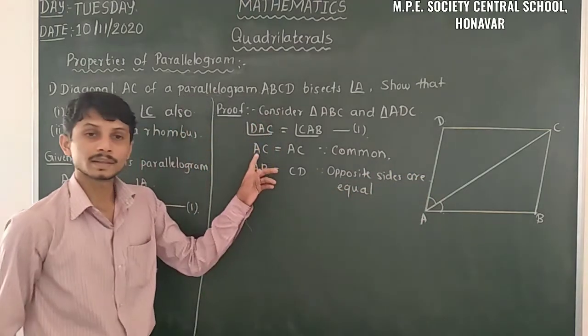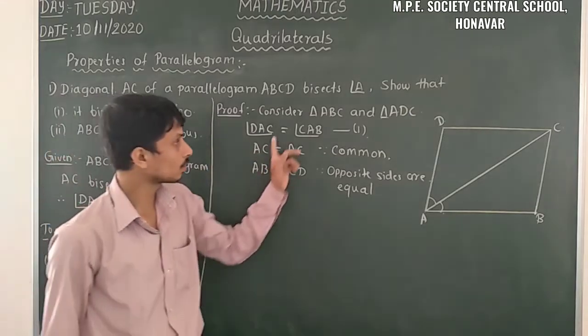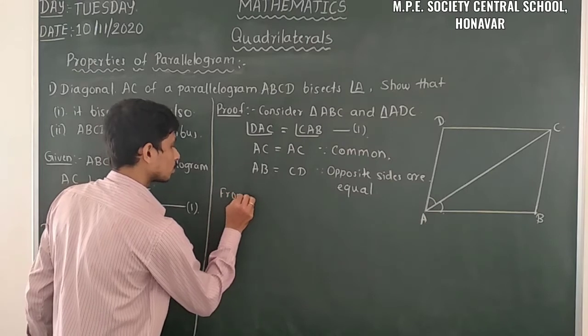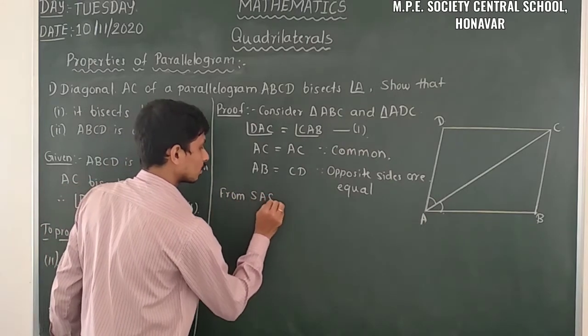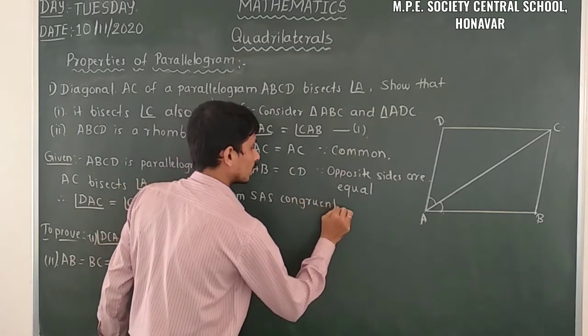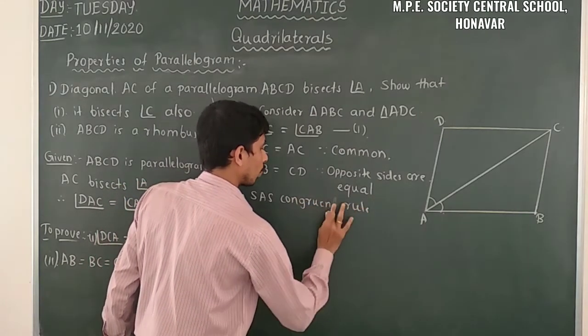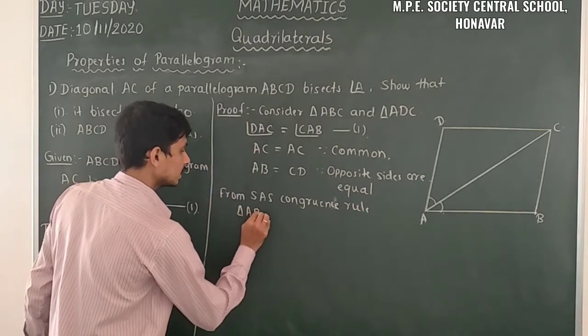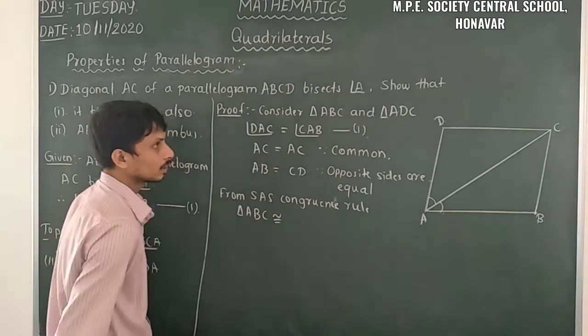So we have the SAS congruence rule. From the SAS congruence rule, those two triangles are congruent. So triangle ABC is congruent to triangle ADC.